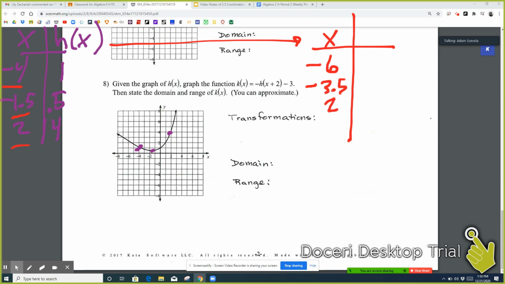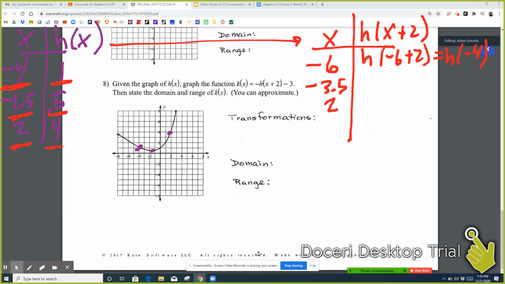And the reason why is because I want to find the y values for h of x plus 2. So I already know that h of -4 is 1, h of -1.5 is 0.5, and h of 2 is 4. So I want to get those same numbers inside my parentheses. So if I subtract 2 from all my x coordinates, then I'll get those values for x.